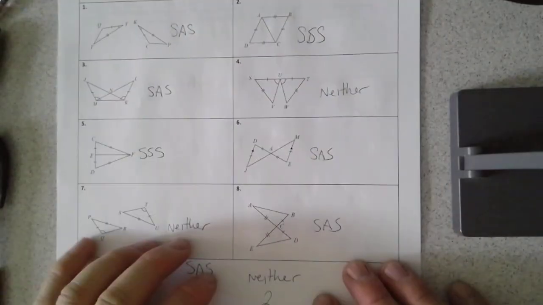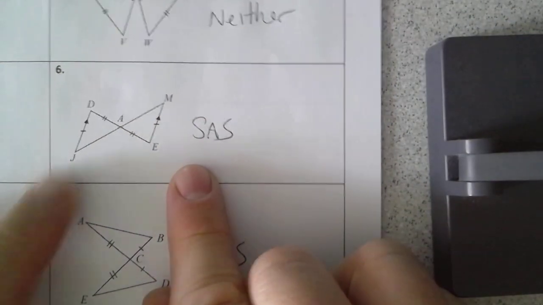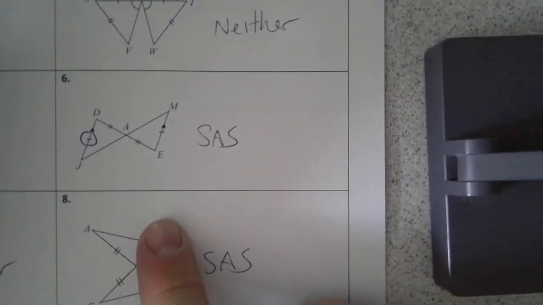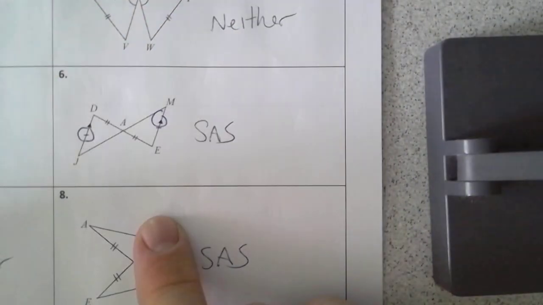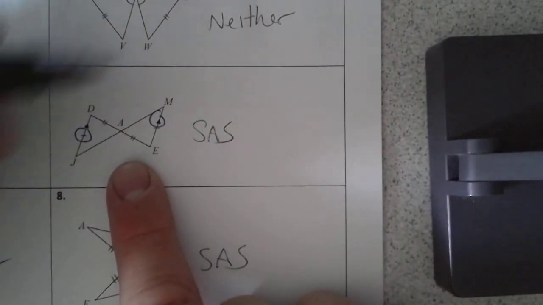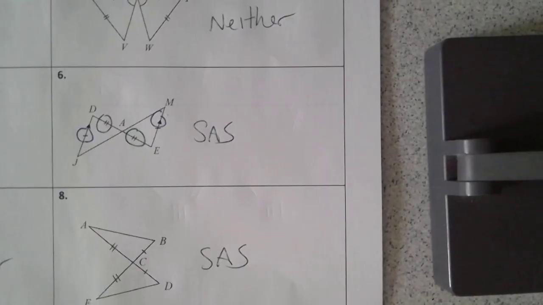Sure. The question was number 6 right here. Could we explain what and why? The answer is this. Now again, we have one side that's given to us. Remember, it's not the arrow, it's the tick mark. I didn't do a good job of making sure that I circled that. But the arrows do not show congruence.